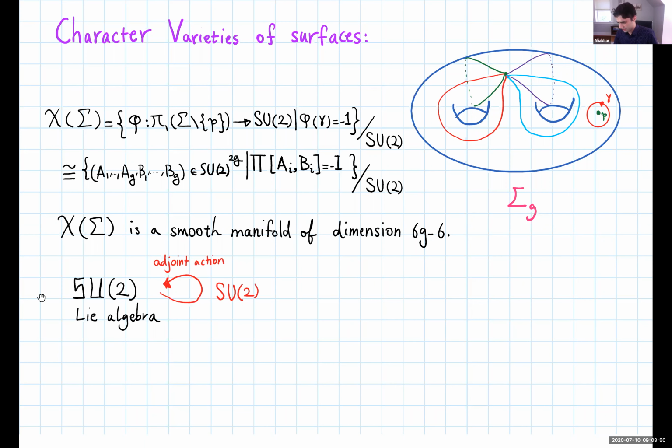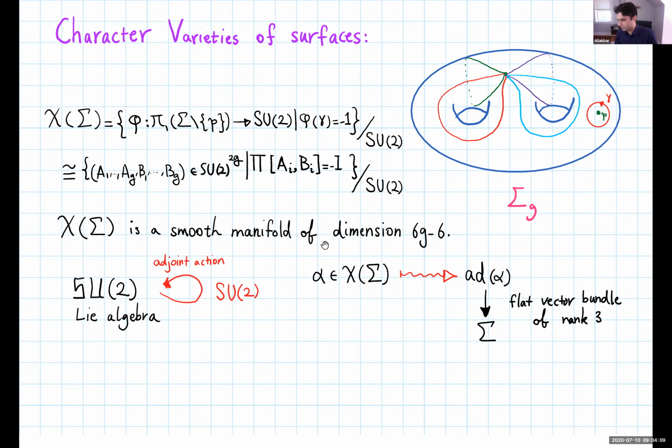Let me first describe the tangent spaces to this manifold, and then I will explain what the symplectic structure is. The Lie group SU2 acts on its Lie algebra by the adjoint action. So if we have some representation alpha of the fundamental group of our Riemann surface, we can associate to it the vector bundle corresponding to this action, which I'm going to call ad of alpha. Because alpha is flat, this is a vector bundle coming with a flat connection.